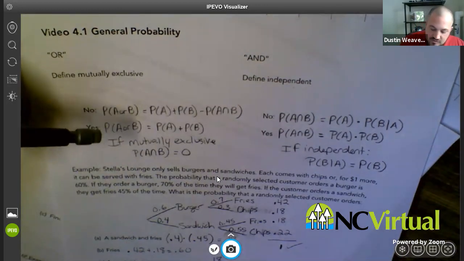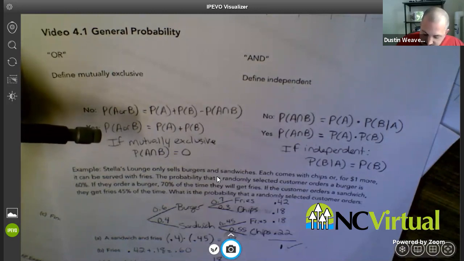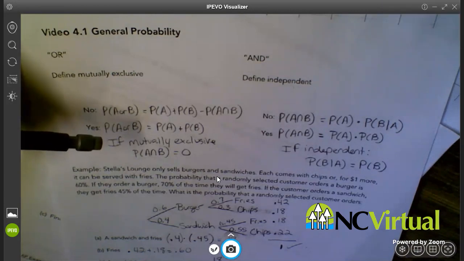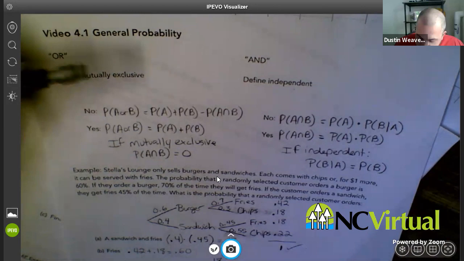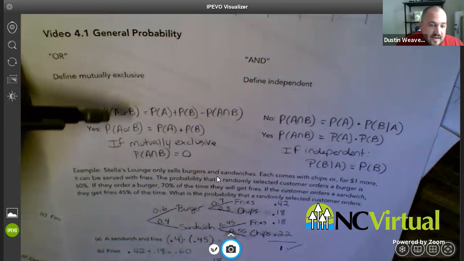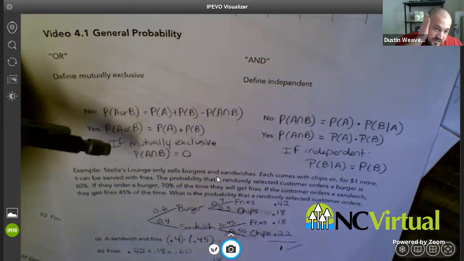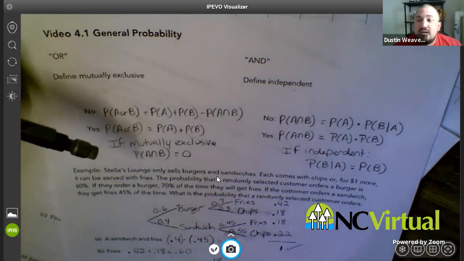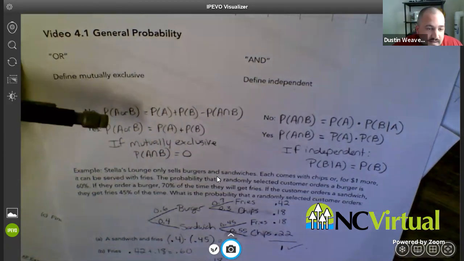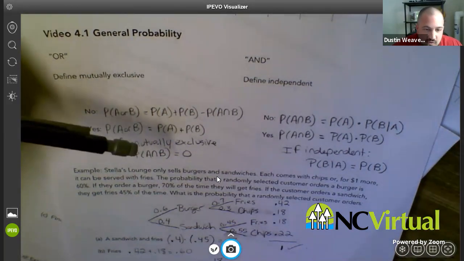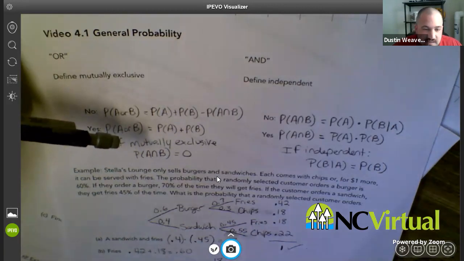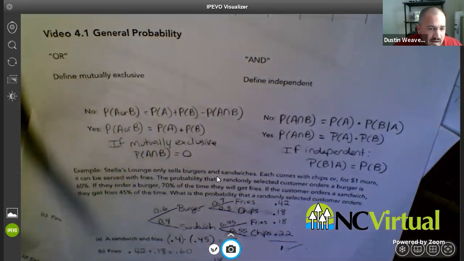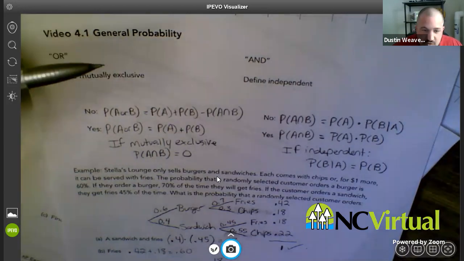If they are mutually exclusive, where they do not occur at the same time, then the probability of A or B is the probability of A plus the probability of B. If they are mutually exclusive, the probability of A and B is actually equal to 0.